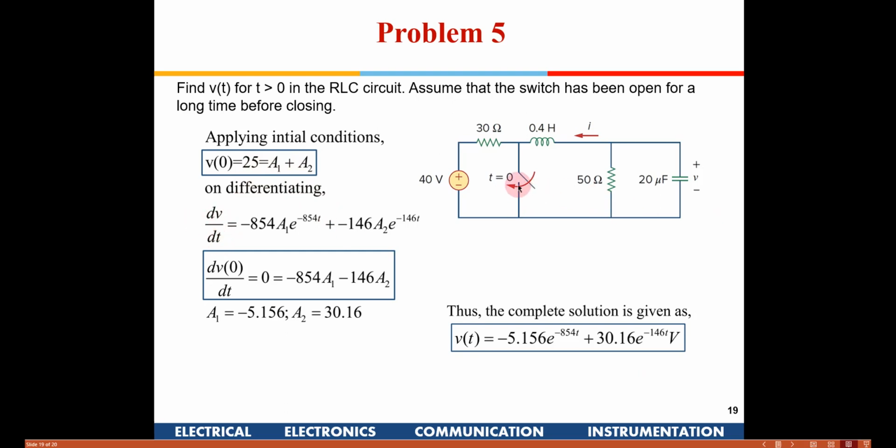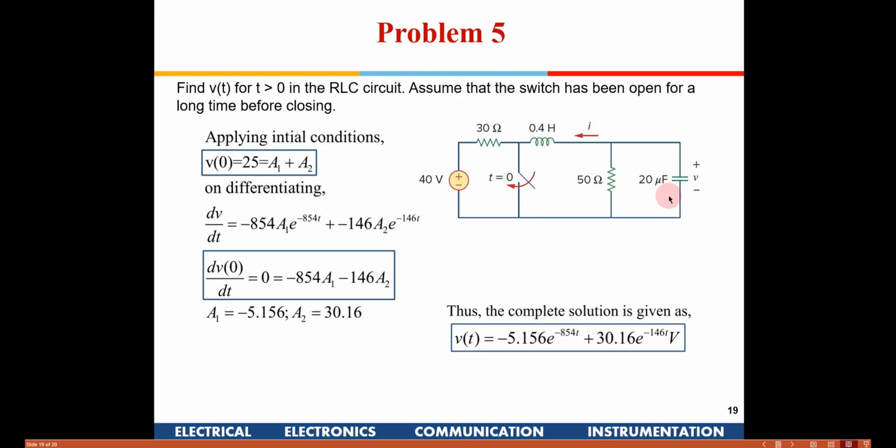Now in this case, if you see here, the switch is closed out here. Initially the current is flowing through 50 ohms through this inductor like this, right? Through 40, 30, 50. The moment the switch is closed, the current is going to flow through this inductor, through this 50 ohms, and through the short circuit. So no current is going to immediately flow into this capacitor.